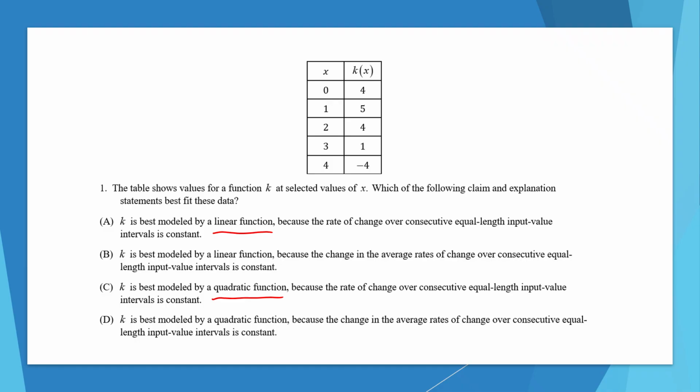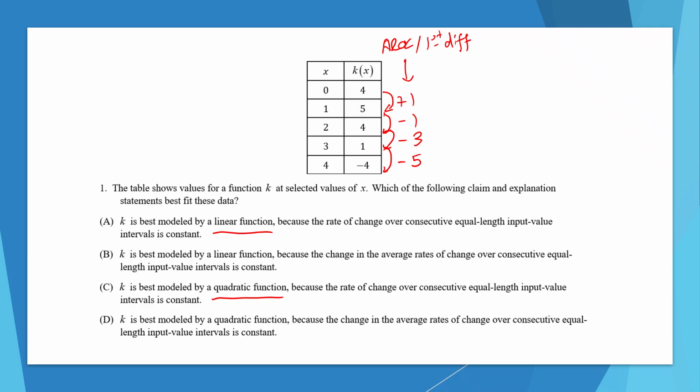So first, let's find the rates of change or average rates of change by looking at the first difference of each of these. Here we see +1, we see -1, -3, -5. So we see that our average rate of change or first difference is not constant, right?